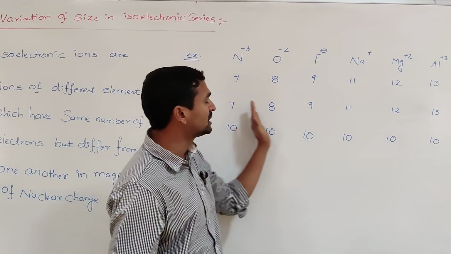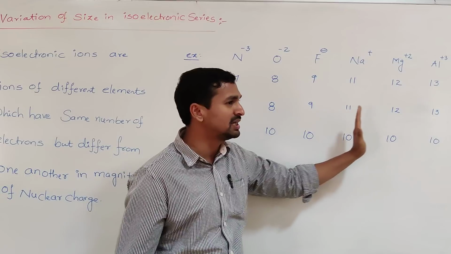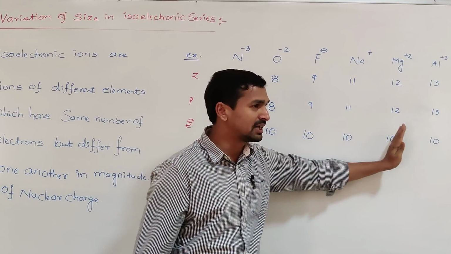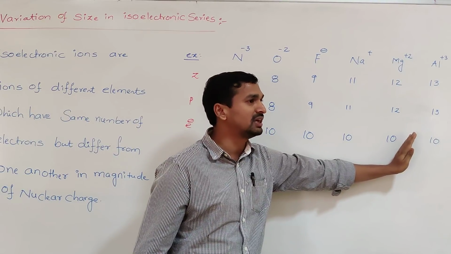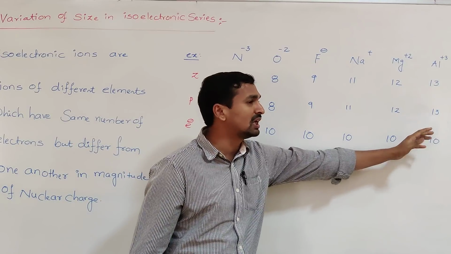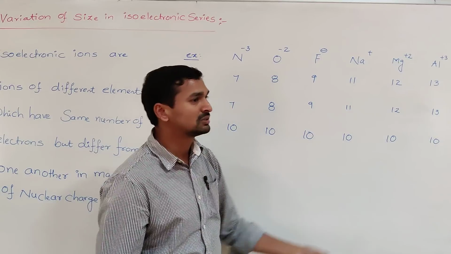the positive charge increases, the effective nuclear charge for each electron increases, and the attraction toward the nucleus increases. As a consequence, the distance from the center of the nucleus to the outermost shell decreases, and the size also decreases. So then what is the order?